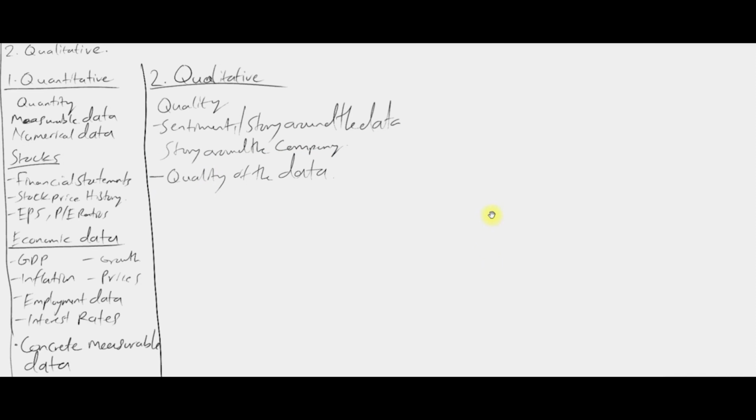If there's too much fear, of course you can expect chaos. If there's too much greed, of course you can expect chaos also, in the opposite direction. So this is all to do with sentiment, and all to do with qualitative analysis.